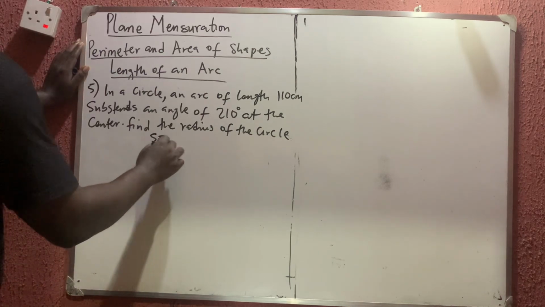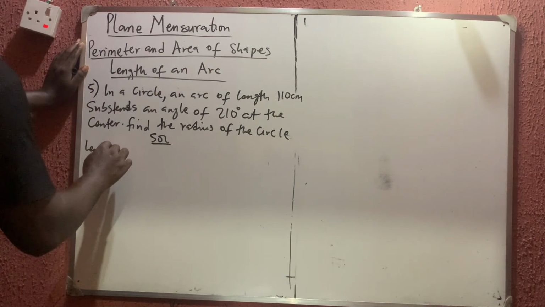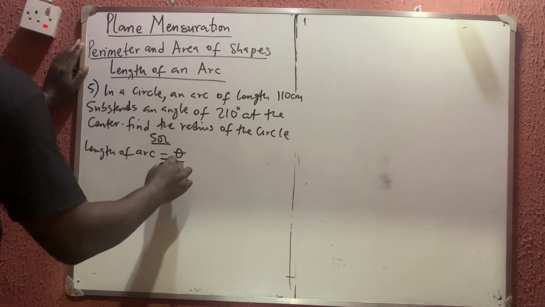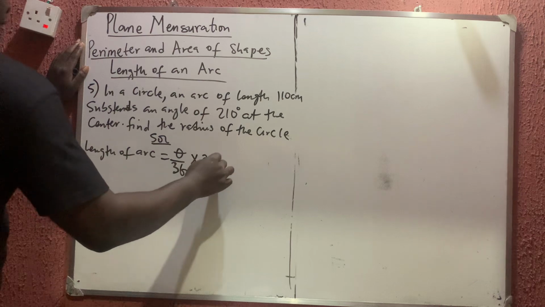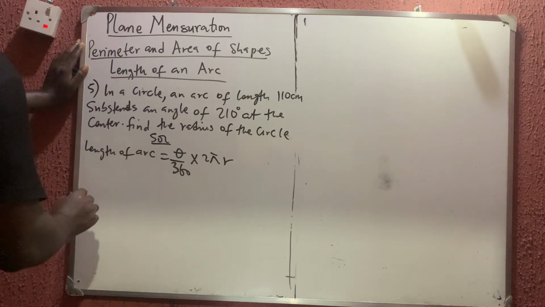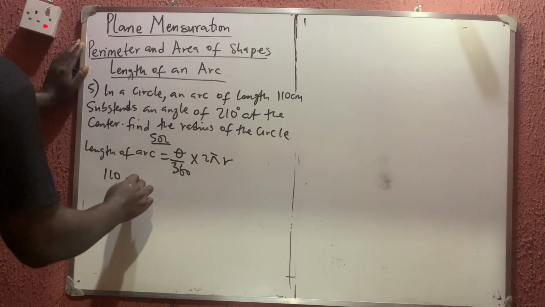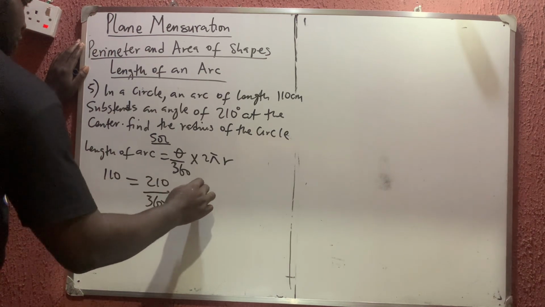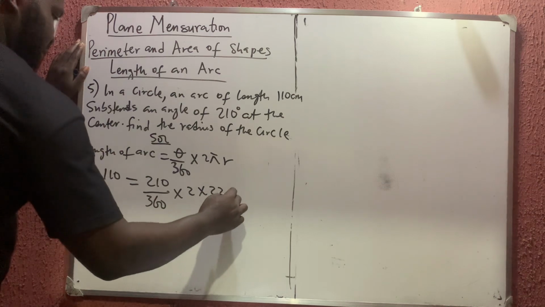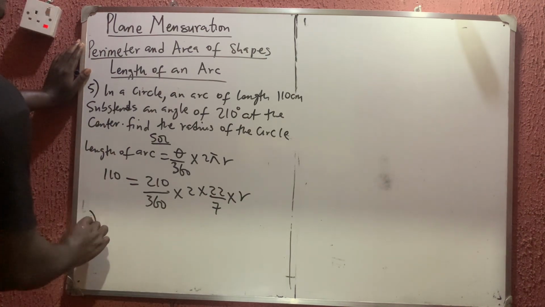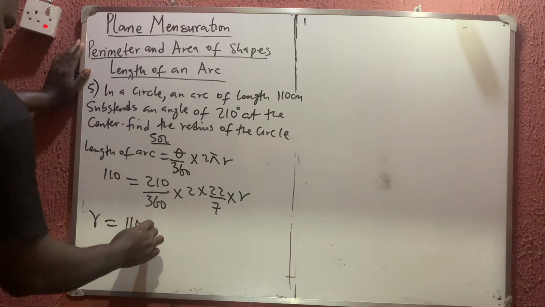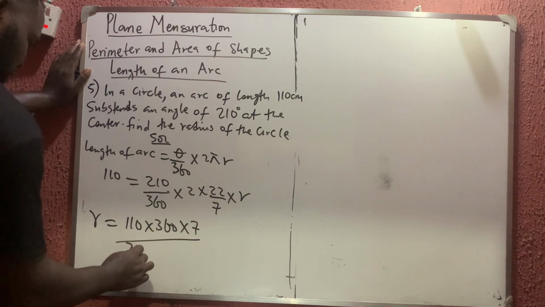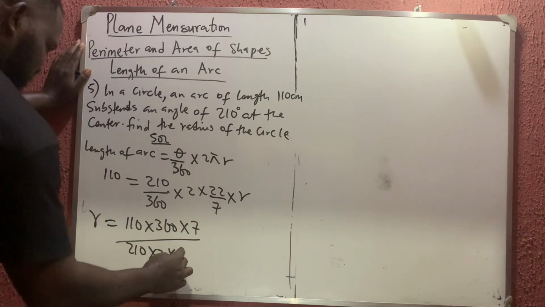Solution, we know that the length of an arc is equal to theta over 360 times 2 pi r. So the length of the arc they gave me is 110, is equal to 210 over 360 times 2 times 22 over 7 times r. So therefore my r will now be 110 times 360 times 7, then divided by 210 times 2 times 22.